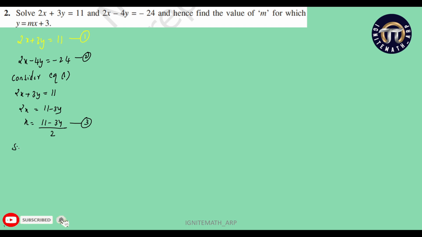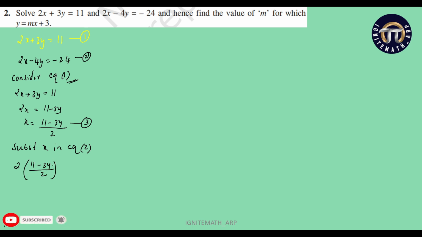So later consider equation 2. Okay, directly you can do it. Substitute x in equation 2. See, you have taken it from equation 1. Suppose you have taken it from equation 1, you are supposed to substitute it in equation 2. So what is our equation 2? It is 2x minus 4y is equal to minus 24. So 2 into, in place of x, I will write 11 minus 3y divided by 2.